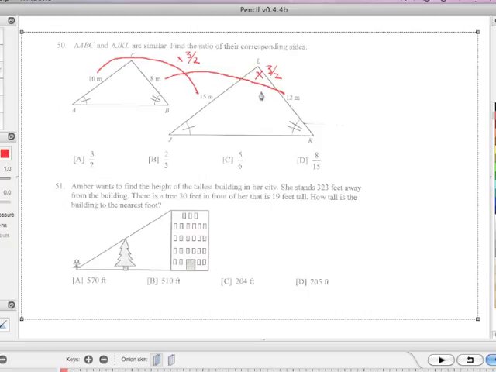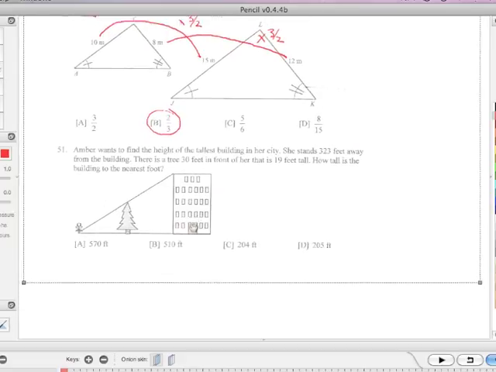So the ratio of their corresponding sides should be 3 to 2. Because ABC is given first, and JKL is given second, it should be 3 to 2. I don't know why this 2 to 3 is here. I guess they reversed the order to throw you off. But there's that one.